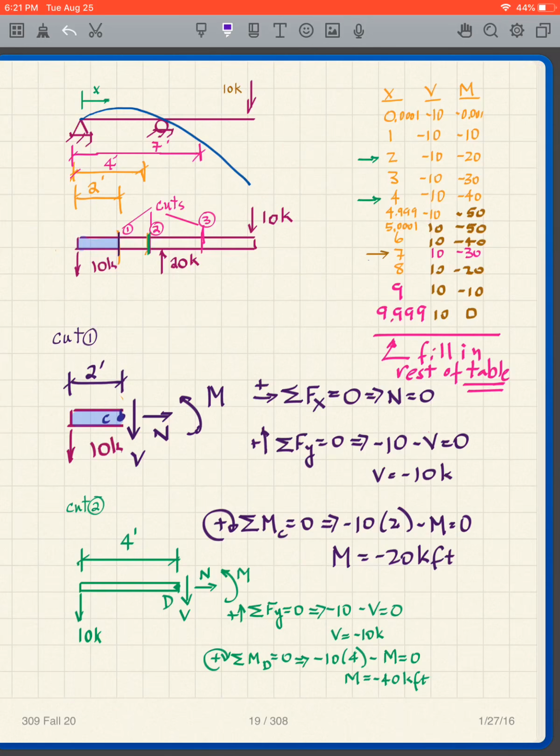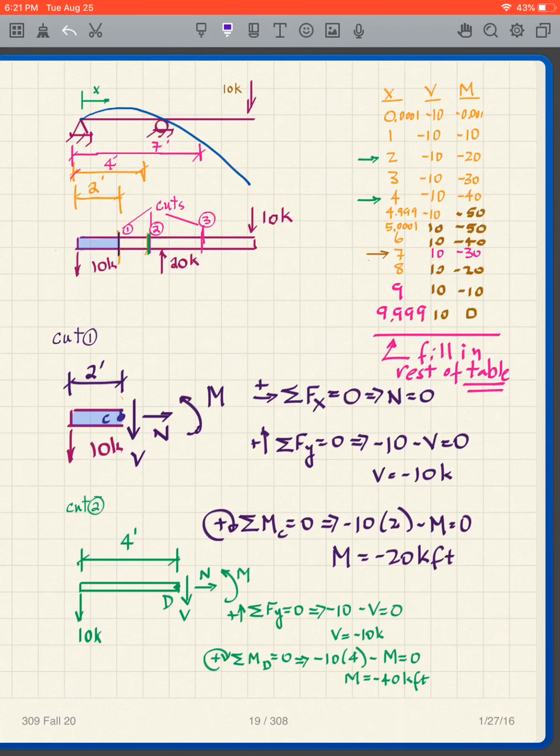So again, wherever we make cuts, we have to put a force or forces. Since it's a beam, the rule for making a cut through a beam is I have to show a V, an N, and an M. In other words, a vertical, a horizontal, and a moment.